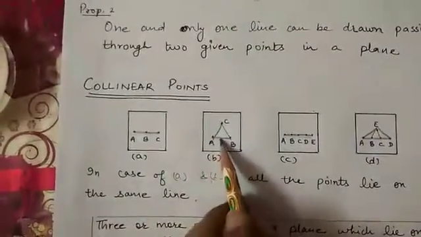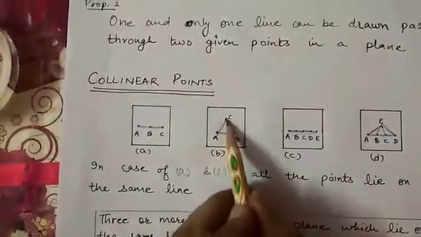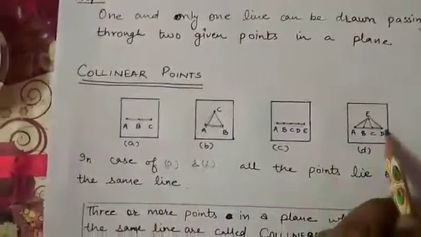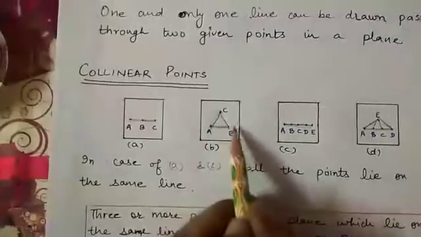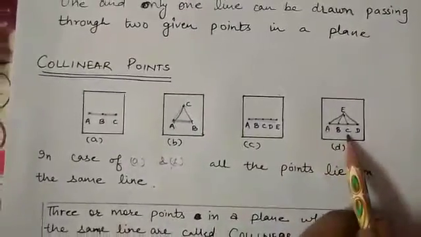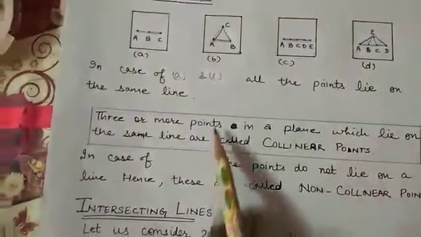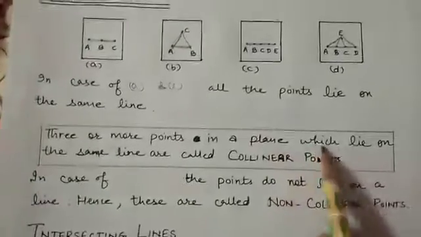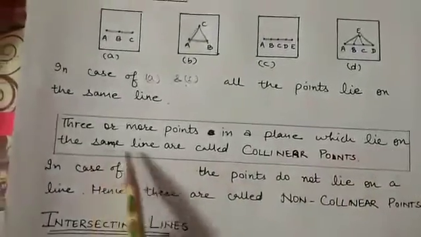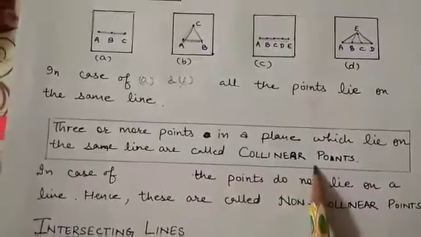In case of A and C, all points lie on the same line. But if I observe parts B and D, more than one line has been drawn because all 3 points were not in the same line. And here also. So when a minimum of 3 or more points in a plane lie on the same line, they are called collinear points.